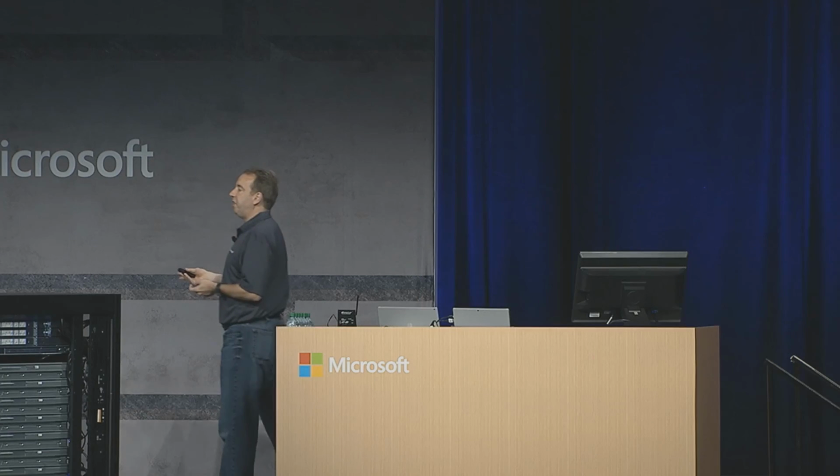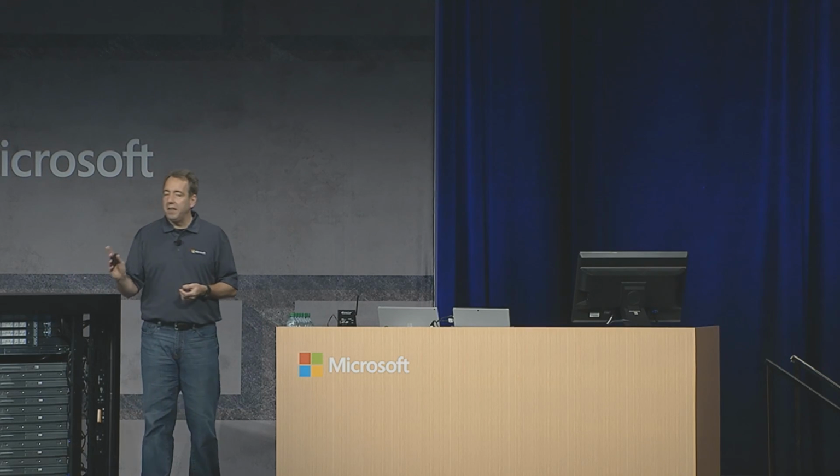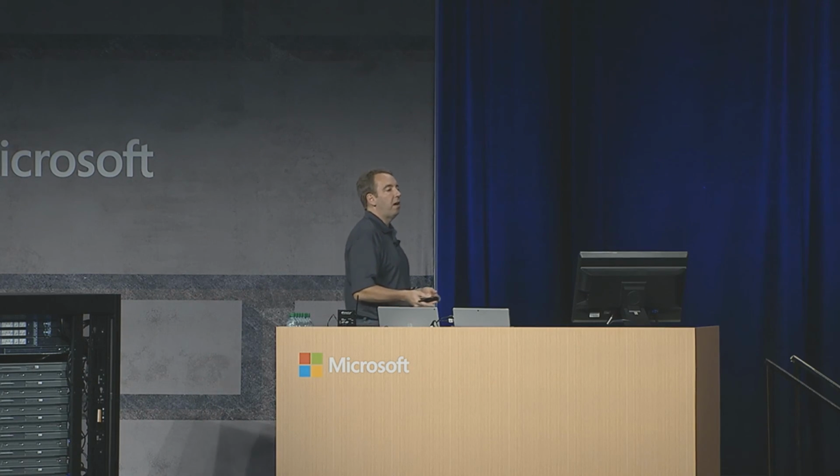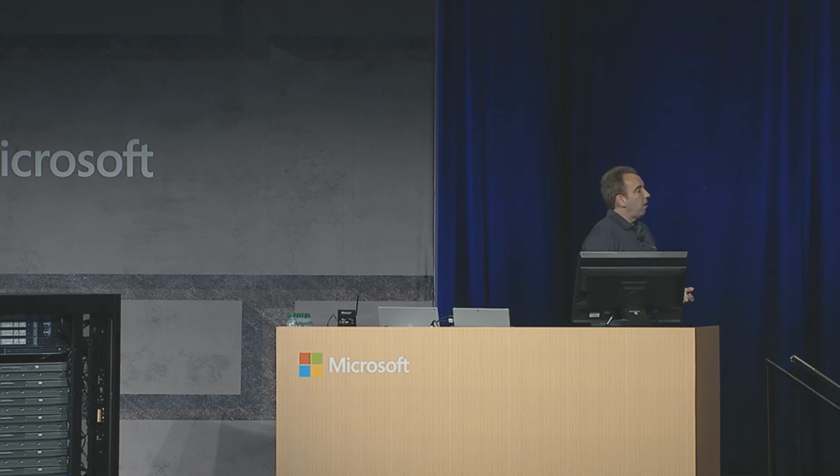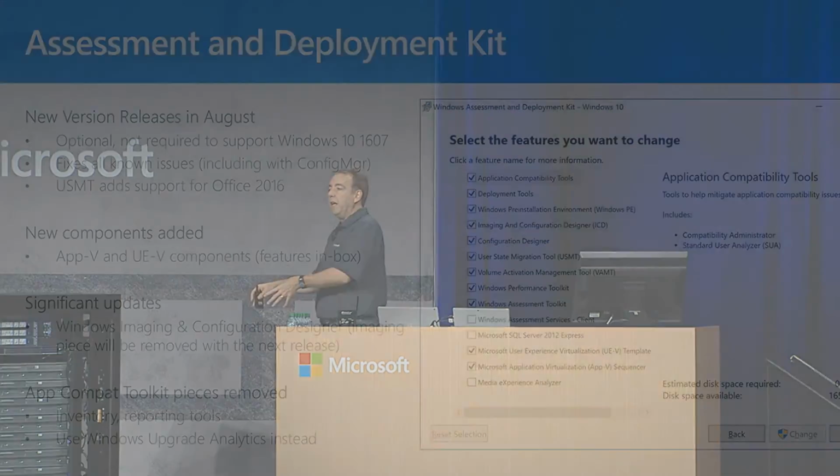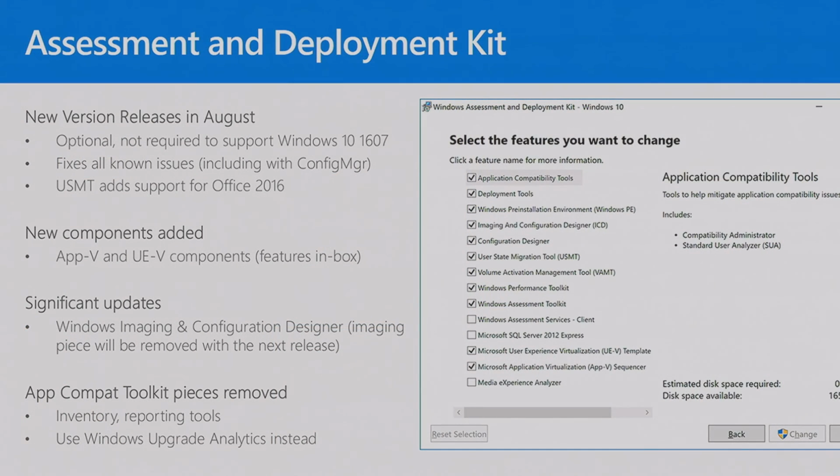With Windows 10 1607 Enterprise, we added the AppV and UEV agents in box to Windows 10 Enterprise, so you don't need to install those separately anymore. That also means that if you have Software Assurance, you can now use AppV and UEV. They're no longer considered part of MDOP from a licensing perspective. So as long as you have a Software Assurance subscription, you can use them.